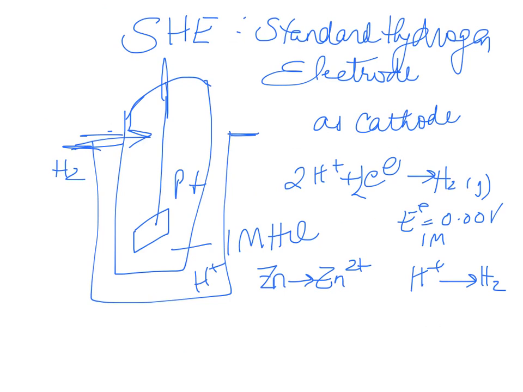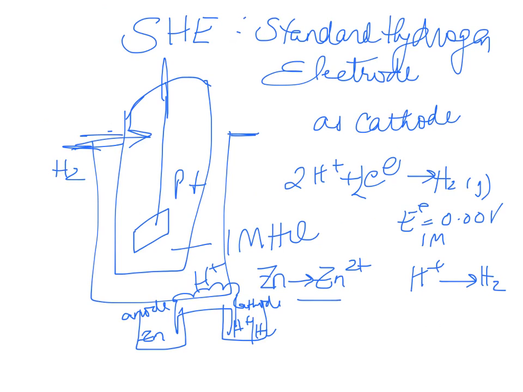And so one can say very conveniently that if zinc was the anode and hydrogen was the cathode, and here's your electrode, here's the wire, and then of course you have the salt bridge also. What we are saying is that zinc gave you Zn2 plus, hydrogen accepted those electrons, gave you H2 gas.